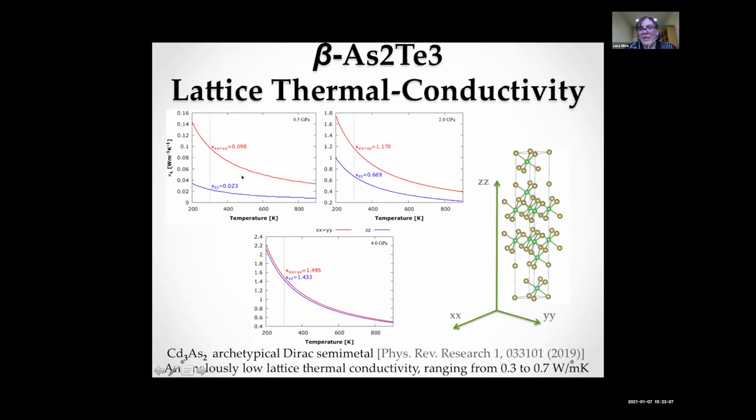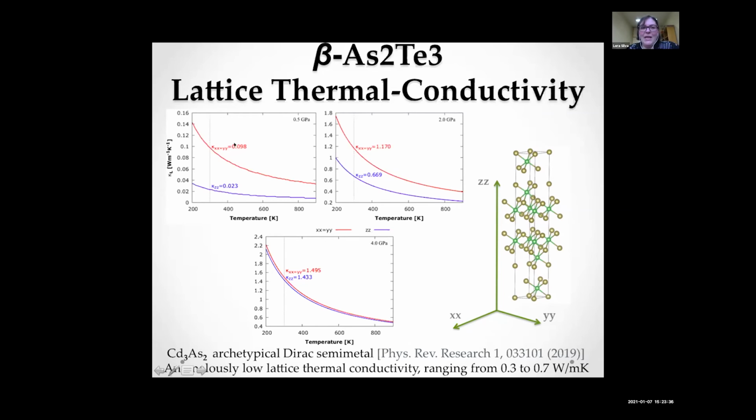However, one of the first materials that was found with a very low lattice thermal conductivity was cadmium arsenide, Cd3As2, I think that's the name, which was found to have the lowest lattice thermal conductivity, around 0.3 to 0.7.